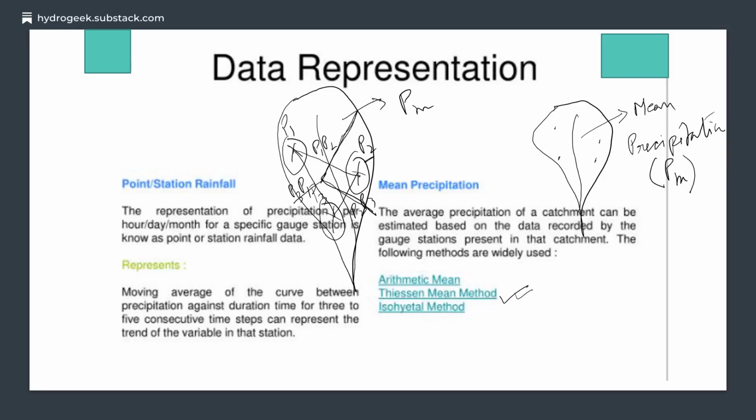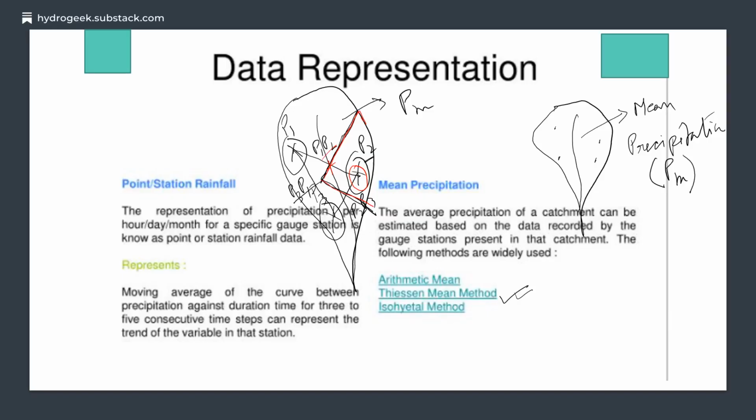This line is extended until the boundary of the watershed. So you see that this polygon of P2 is bounded by the bisector of P1 and P2 and the bisector of P2 and P3. These two bisectors, when extended up to the watershed boundary, surround the rain gauge station P2.